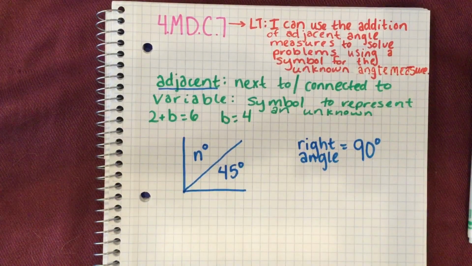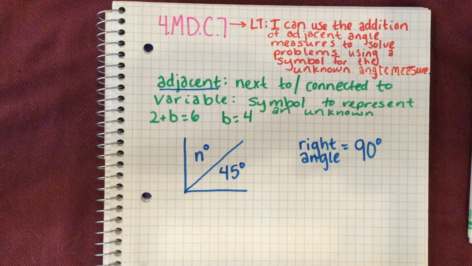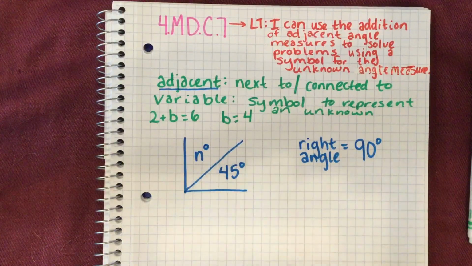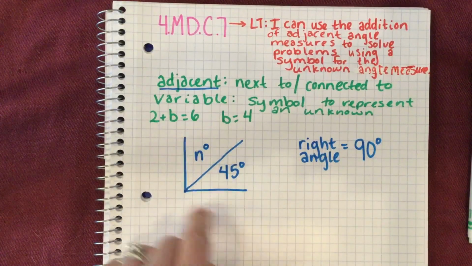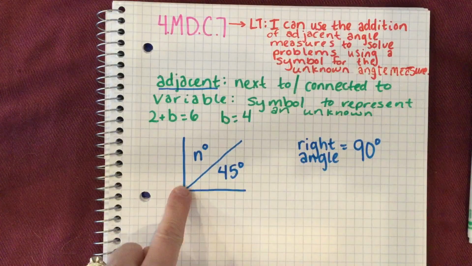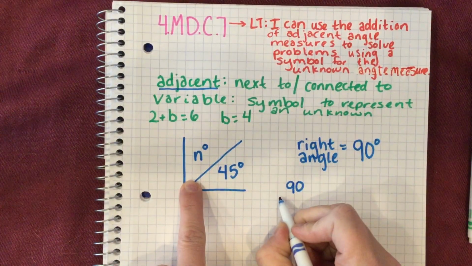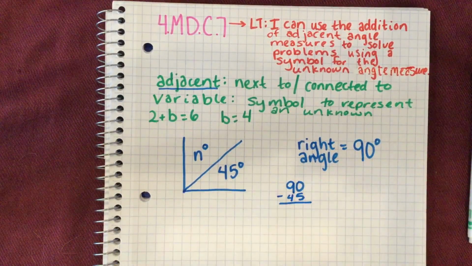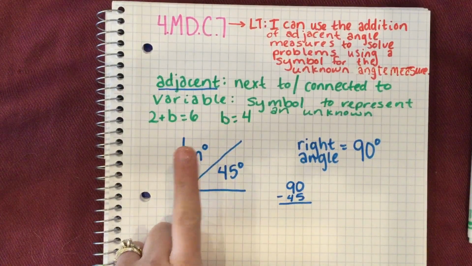One is 45 degrees, and this n is another angle that I have to figure out how many degrees this angle is, how far this angle is from its original point. So what I'm going to do is take my knowledge of right angles. I know that this is 90 degrees, so I'm going to say 90 degrees minus this 45 degrees. That is going to give me this unknown angle.